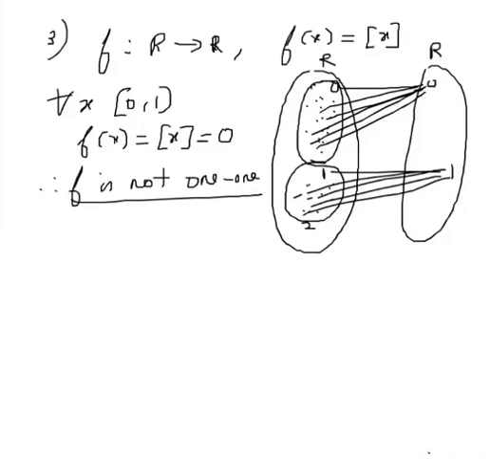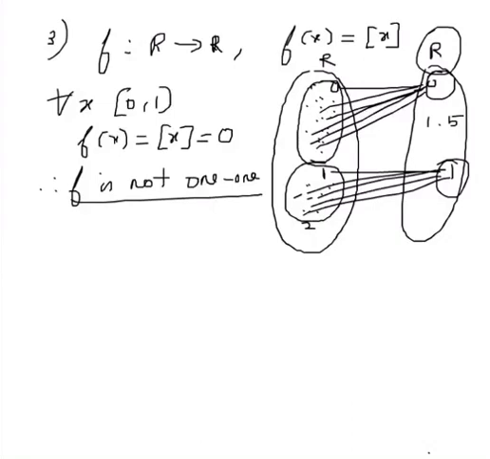Okay, let us check whether it is an onto function or not. I can say that the answer is always an integer because it is a greatest integer function. So the answer is going to be positive or negative, but the answer is going to be an integer. But this is a real number set. For example, if I take a value 1.5 here, 1.5 cannot be the answer for a greatest integer function, because if I take any value, say 1.55, the greatest integer function becomes the integer 1.